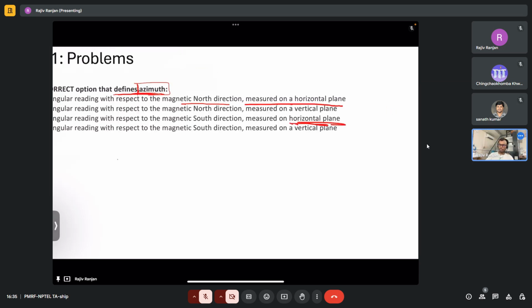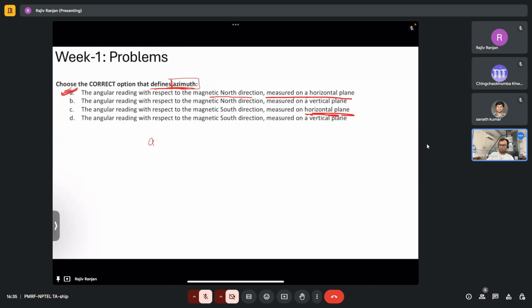One is azimuth and the second is inclination, right? When we talk about azimuth, it is measured on a horizontal plane with respect to, obviously, the north direction.